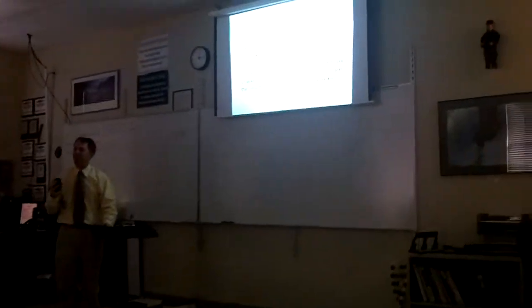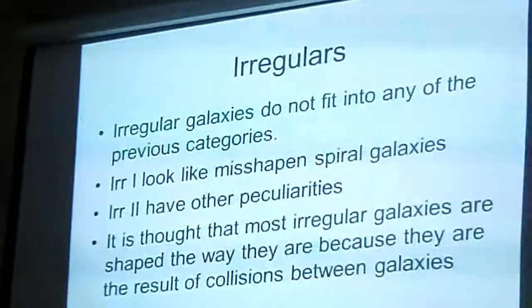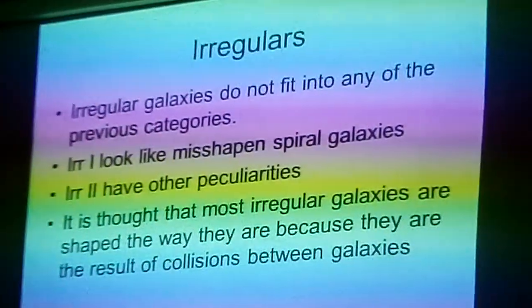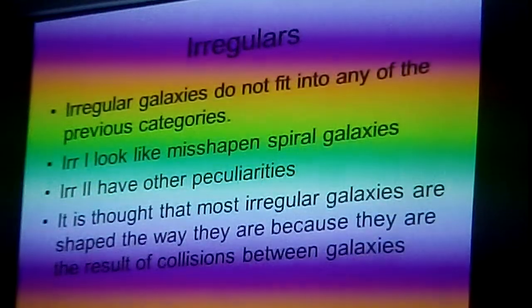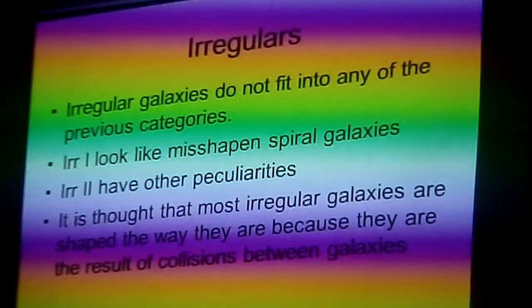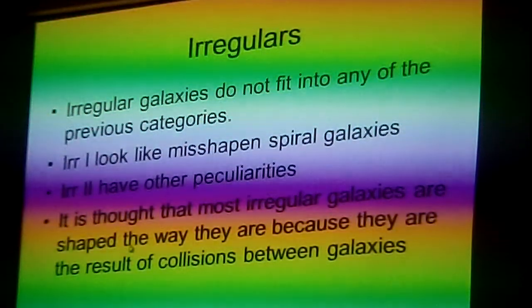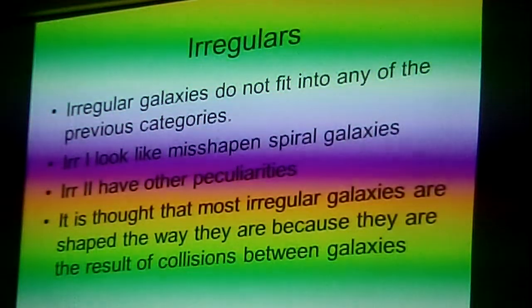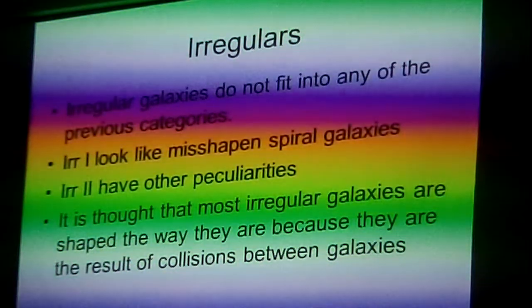Most of the way they've figured this out is through computer simulation. They can simulate now with supercomputers millions of stars in the shape of a galaxy, and take another galaxy simulated on the computer with millions of stars, and have them move and run into each other and see what comes up. They think that the irregulars come about because of collisions.